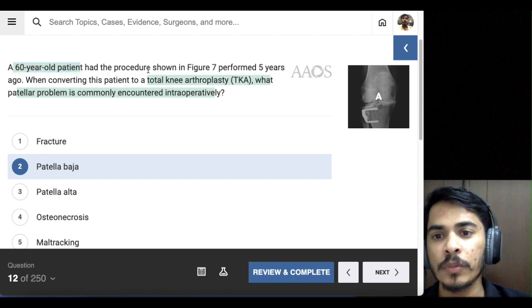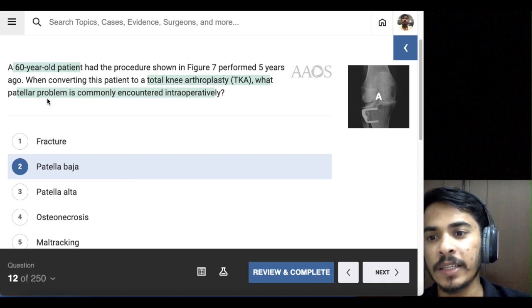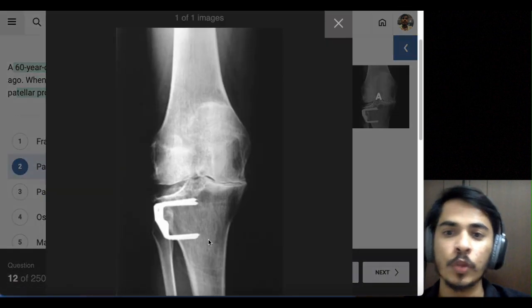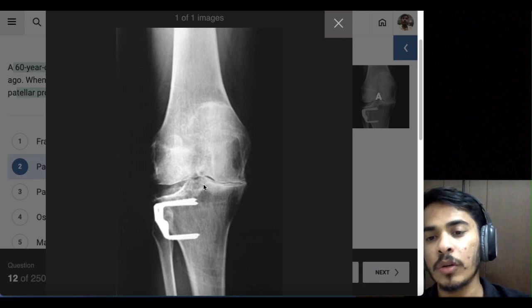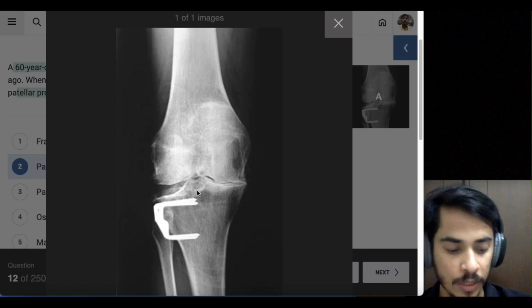A 60-year-old patient had the procedure shown in the figure performed 7 years ago. When converting this patient to a TKR, what patellar problem is commonly encountered intraoperatively? So we can see that the patient has undergone a lateral closing wedge osteotomy. After a lateral closing wedge osteotomy, the patellar tendon length remains the same, but the bone length will decrease.